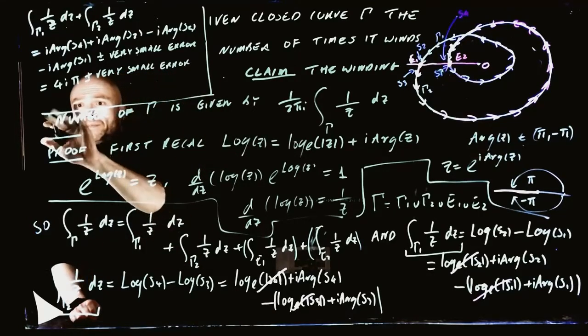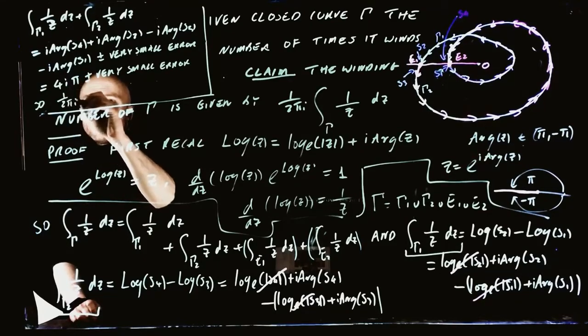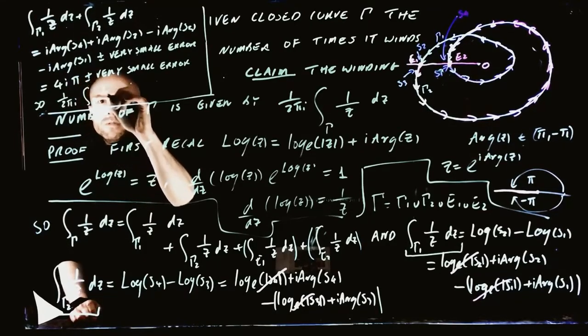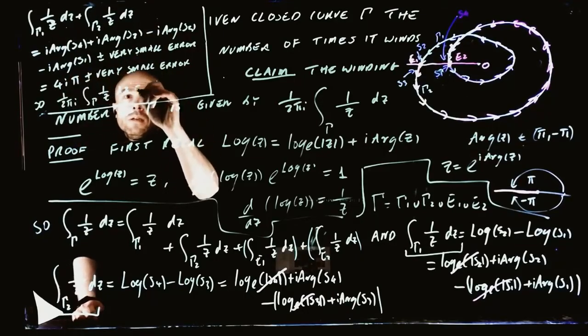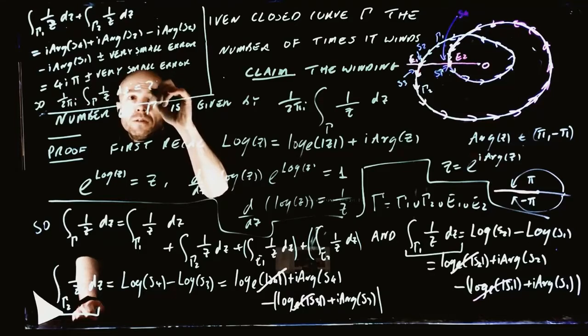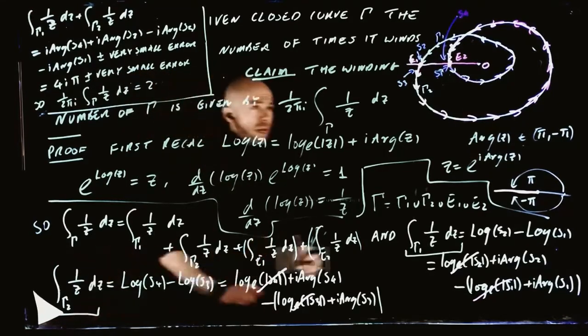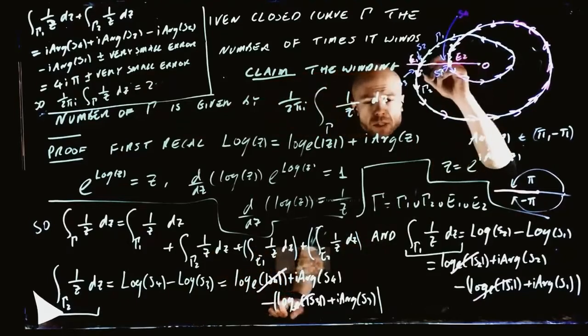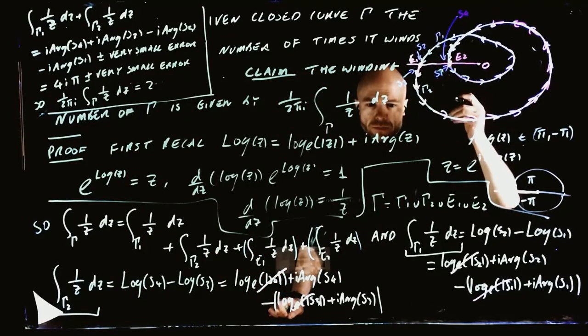So in particular, 1 over 2 pi i times the integral of 1 over z dz is basically just 2. And as we let these little gaps get smaller and smaller, as we have the right to do, these errors go to 0.